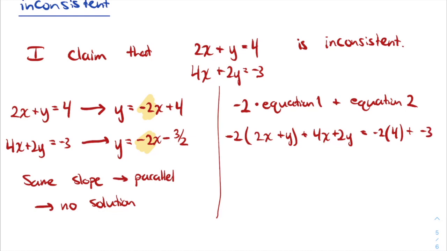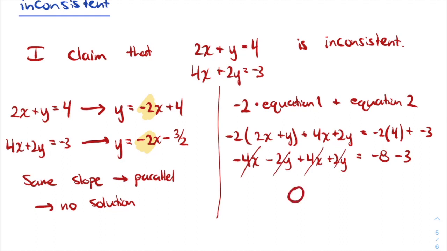If we were to continue this, we would get negative 4x minus 2y plus 4x plus 2y equals negative 8 minus 3. On this left-hand side, the x's cancel, however the y's cancel as well, leaving us with 0 on the left and negative 11 on the right. But 0 does not equal negative 11. Because that statement is not true, no solution.